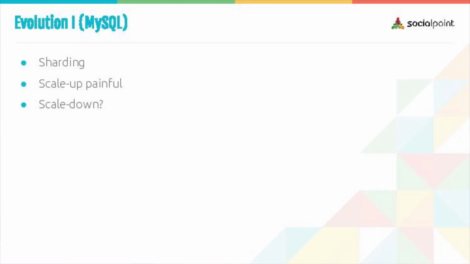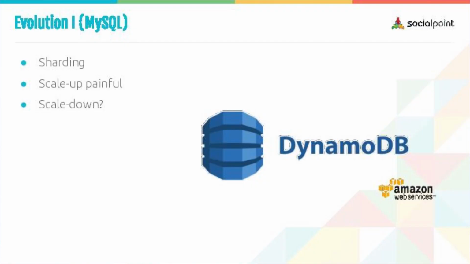A day arrives where MySQL is a pain in the ass in production. We have virtual shards, we have sharding, we have resharding, we have to scale up manually, error-prone, painful, slow, and it's almost impossible to scale down all this setup. So we decided to go to DynamoDB. What happens now with the development environment?